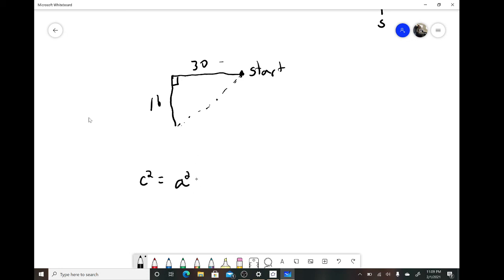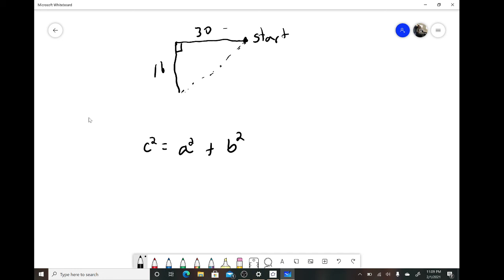So that translates to c squared equals a squared plus b squared. Here we know the value of the legs. We are only missing the value of the hypotenuse c. The hypotenuse is always the side opposite of the 90-degree angle. So in that case, that will be c.